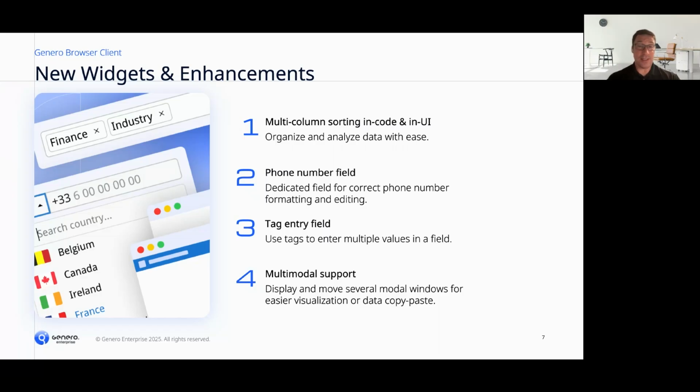The next thing is the phone number field. We have a phone edit now that allows for multinational phone numbers. You basically select the country and then it'll format the phone number string however that country formats their strings. You can see an illustration of that on the left-hand side.